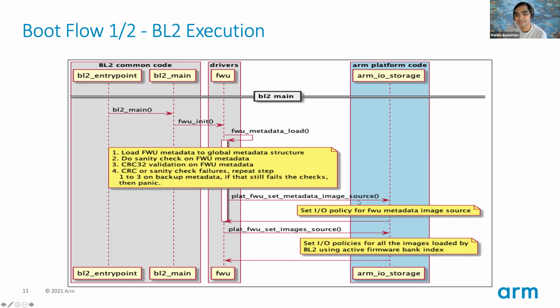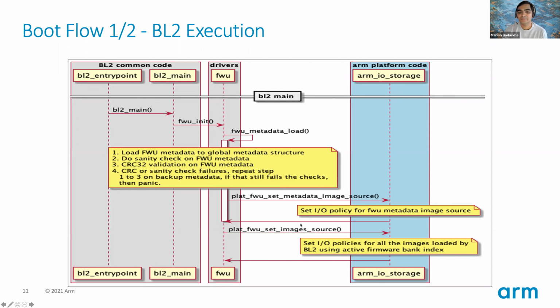So generally TFA reads this metadata, gets the active firmware bank index, and then accordingly updates the IO policies for this firmware update image source. In the ARM platform, it is the FIP image source. If the active bank index is 0, then I go ahead with the FIP first partition. If it is 1, then I go ahead with the FIPB partition.